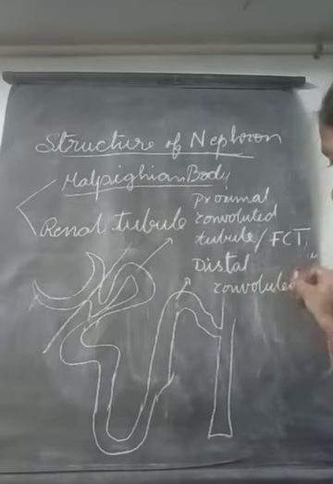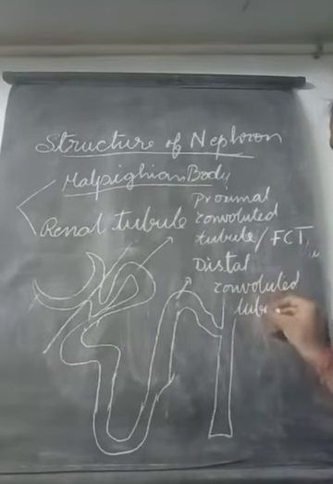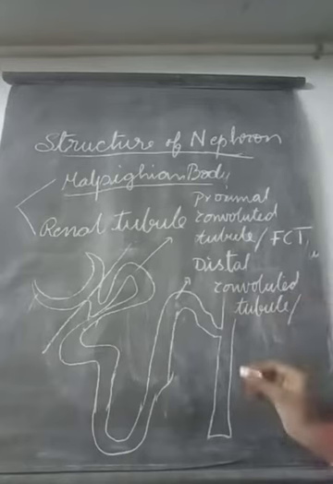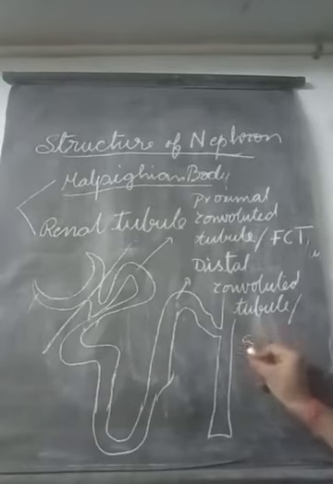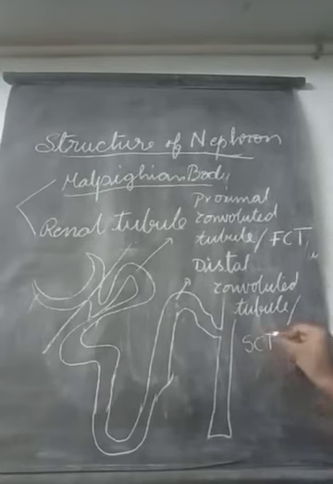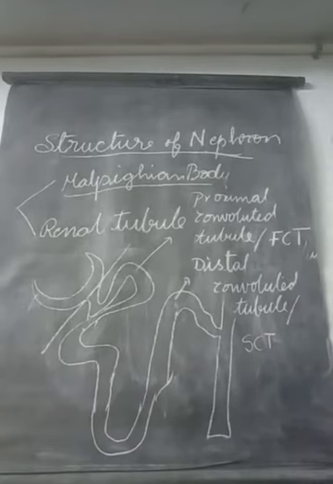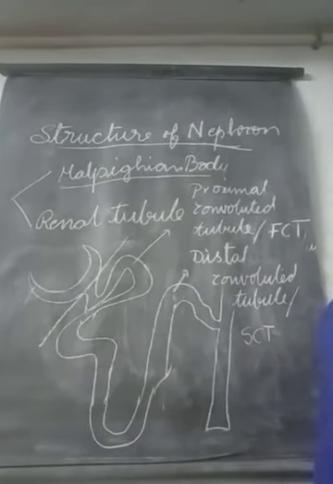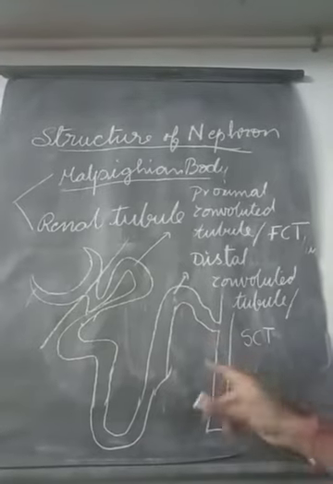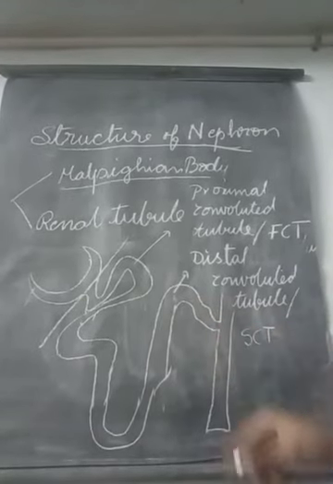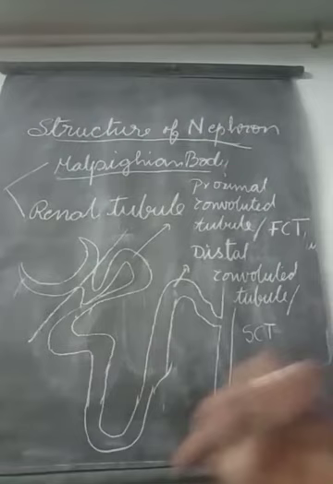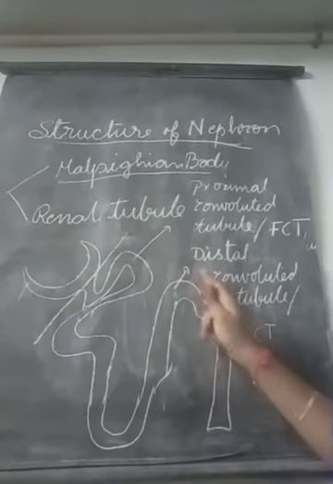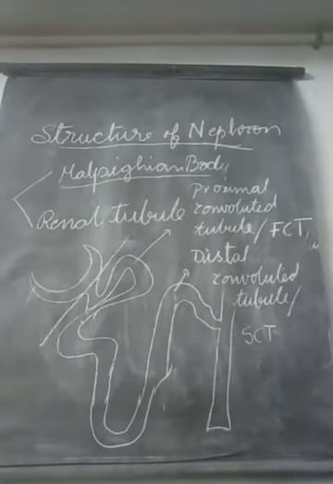Distal convoluted tubule. Distal means back portion, and this is otherwise called DCT, second convoluted tubule. Okay, did you understand? This back part of the renal tubule is called distal convoluted tubule.